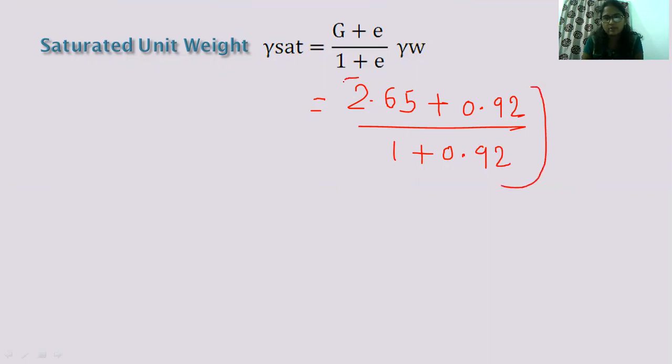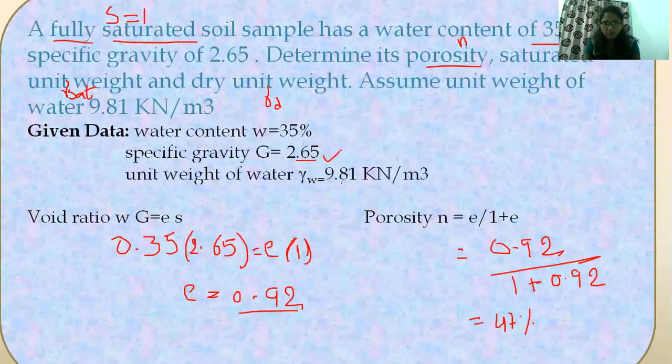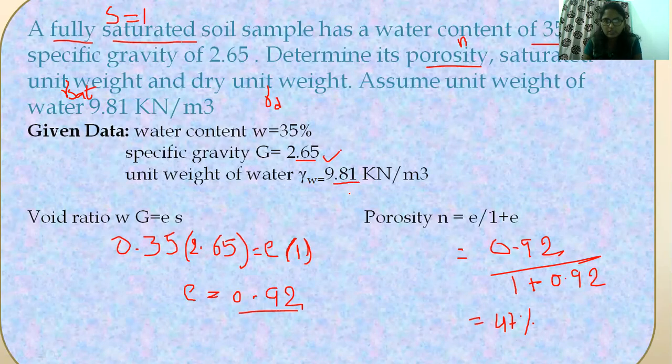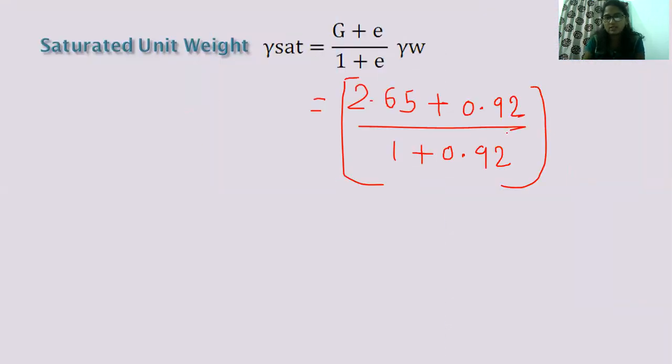The value of unit weight of water is 9.81 kilonewton per meter cube, which is the standard value. That is equal to gamma sat. Gamma sat is equal to 18.24 kilonewton per meter cube.